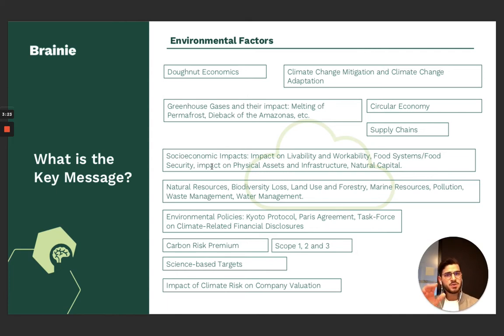Now, when it comes to climate change, there are 2 important concepts: climate change mitigation and climate change adaptation. Very broadly speaking, mitigation talks about the transitory risks that will happen over the coming years.